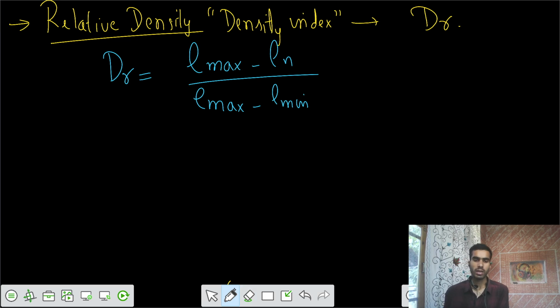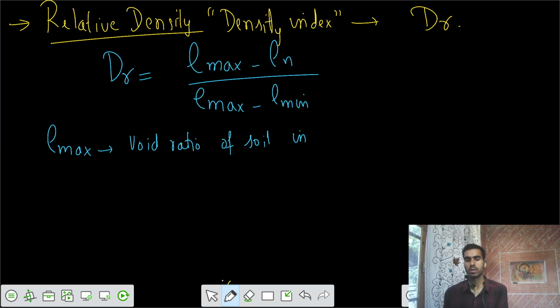So let's try to understand what e max is. e max is the void ratio of the soil when the void ratio is maximum, that means the volume of voids by volume of solids. If the void ratio is maximum, that means the volume of voids is more as compared to the volume of solids. That means the soil is in the loose condition.